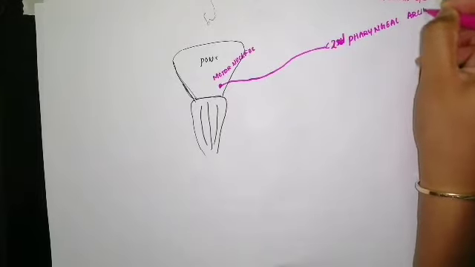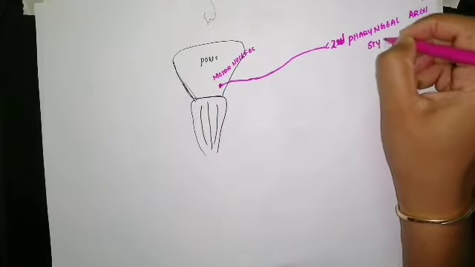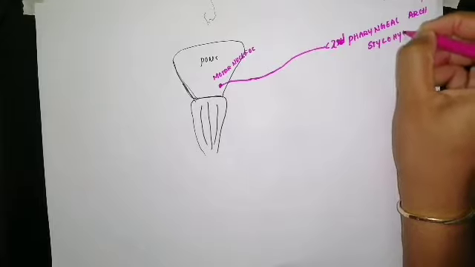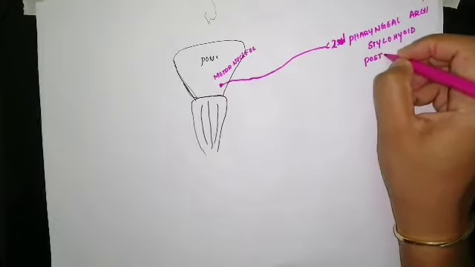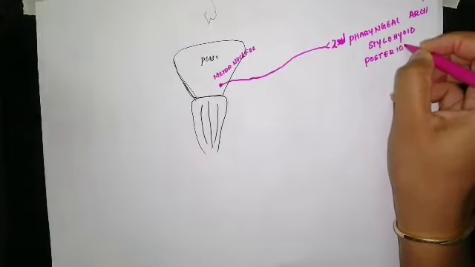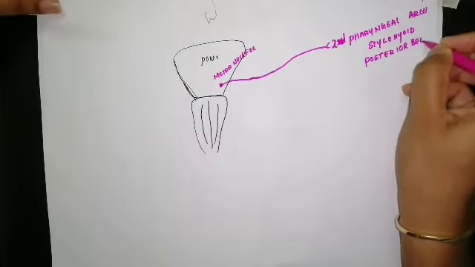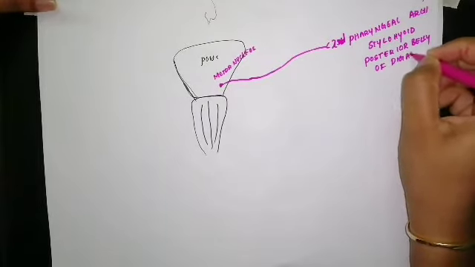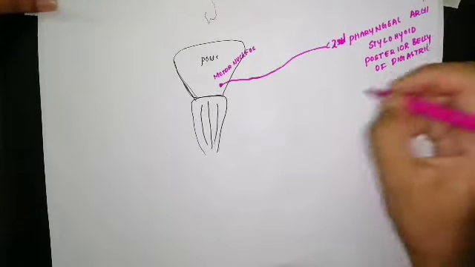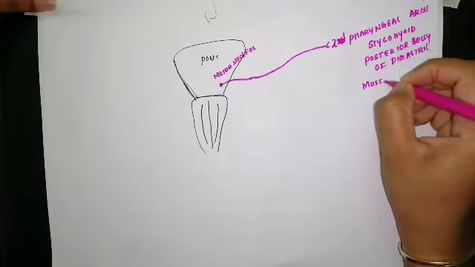Which are the muscles? This includes the stylohyoid, posterior belly of digastric, and the muscles of facial expression.